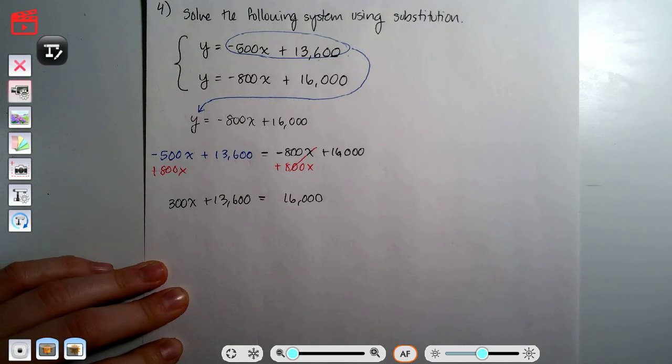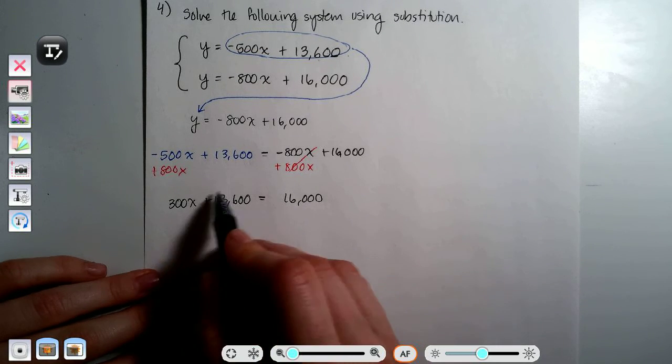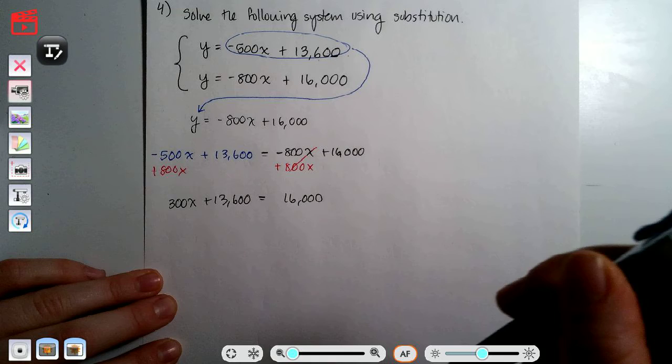All right, so what should we do next? Well, to get x by itself, we're going to subtract that 13,600 from both sides.